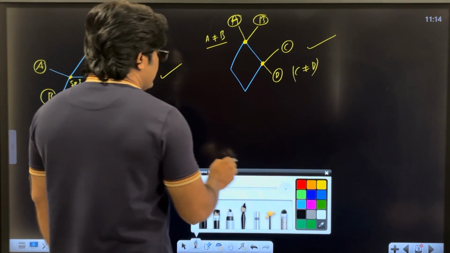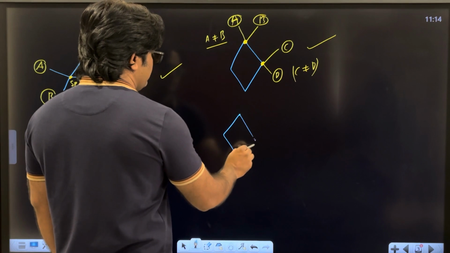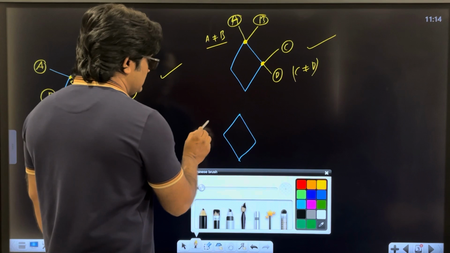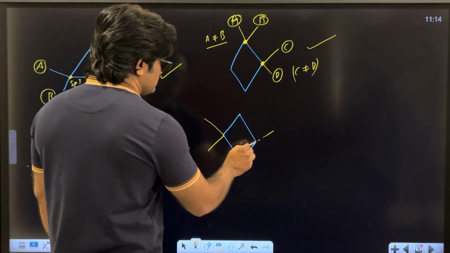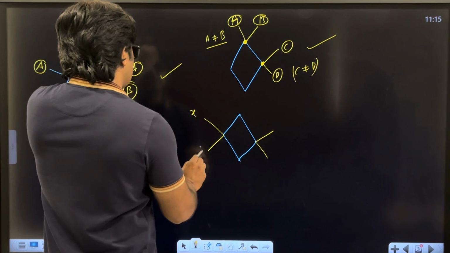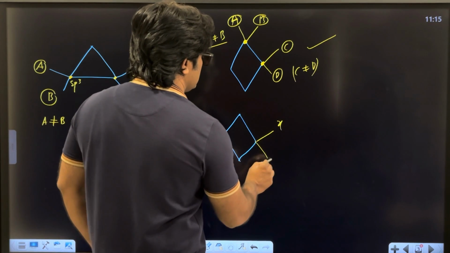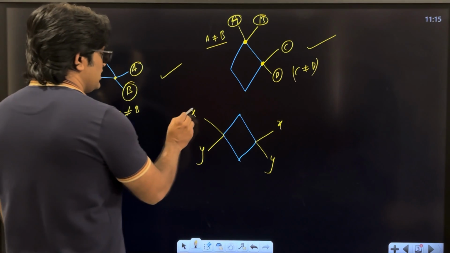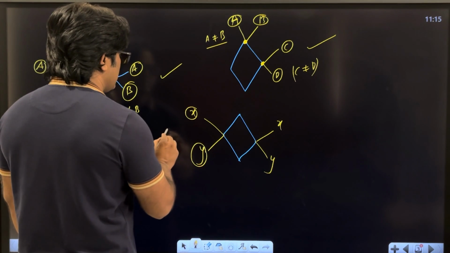For example, if you are taking the same four member ring system and taking substitution at 1 and 4 position, something like X and Y, next one here also X and Y, whatever the nature of the groups. Now compare X and Y, same or different?